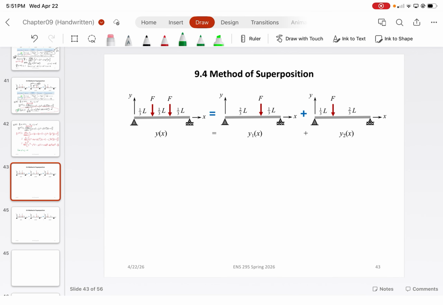All right. So just using that approach and doing it for every single part of the problem, you should get that y1 of x for the bounds 0 less than or equal to x less than or equal to 2/3 L is equal to F over 162 EI times x times (9x squared minus 8L squared).